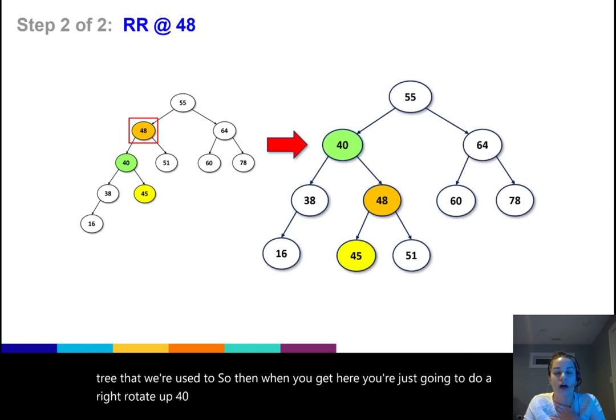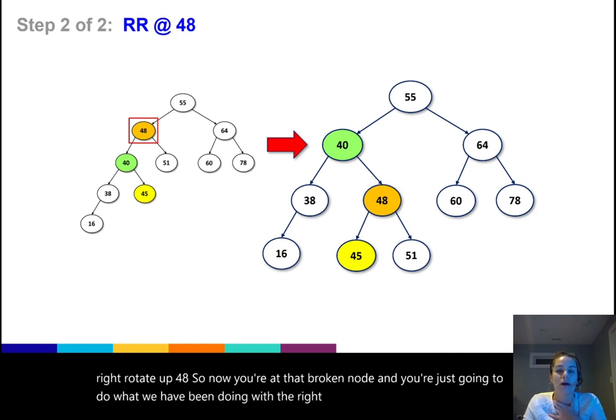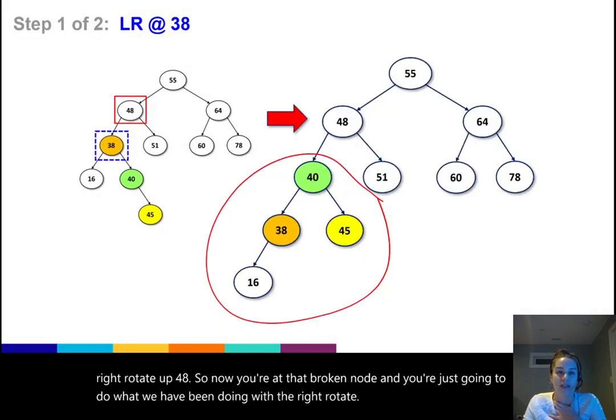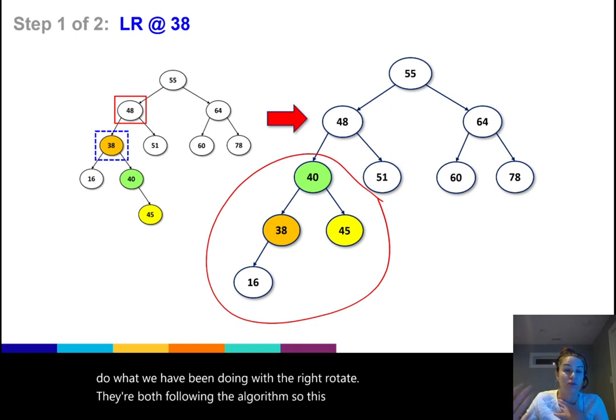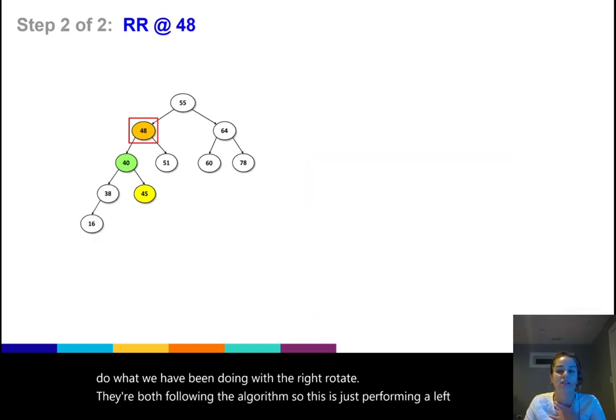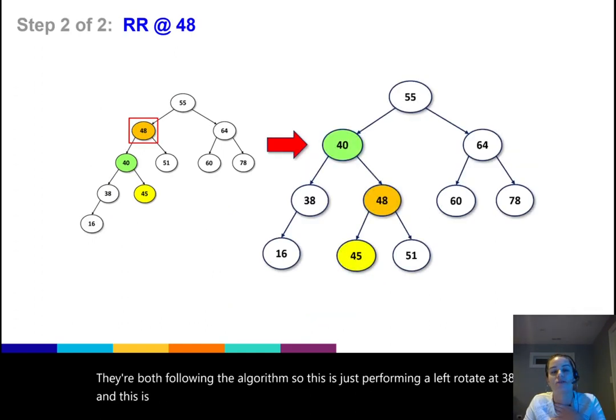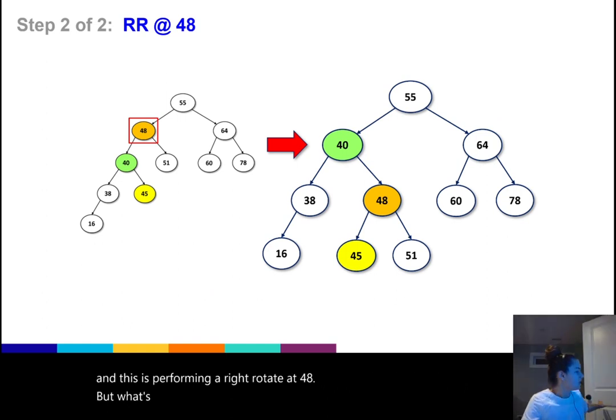Now you're at that broken node, and you're just doing what we have been doing with a right rotate. They're both following the algorithm, so this is performing a left rotate at 38, and this is performing a right rotate at 48. But what's different is that in this case you need to have two rotations instead of one.